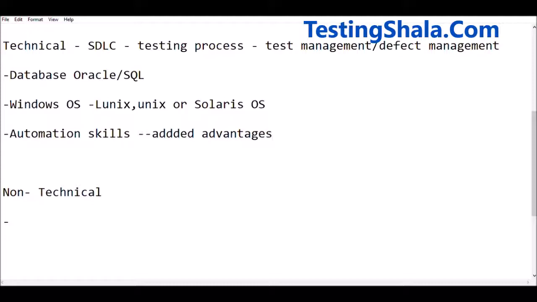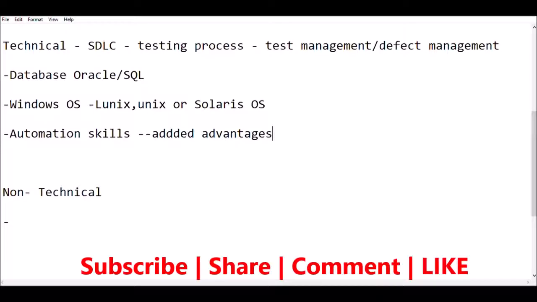So let's understand what the non-technical skills are if you wanted to take up testing, because non-technical skills are very important. You're going to interact with developers, product owners, product management, architects, you name it, because you are a key person or a key stakeholder interacting with the various stakeholders.